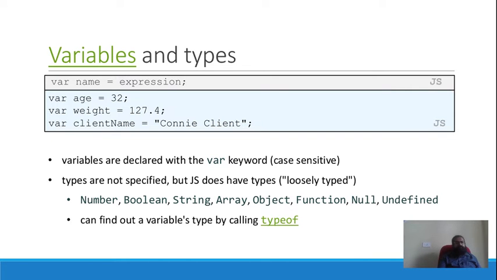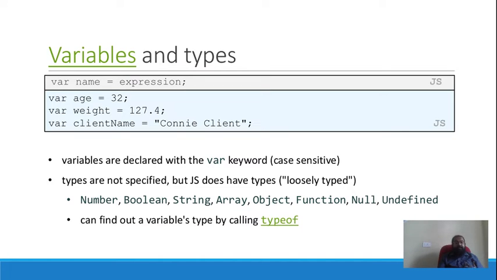It has variables, so you can just mention var. You don't have to specify the type because it is loosely typed. You mention var, then the identifier, and then you give the value. So var age is equal to 32, var weight is equal to 127.4.